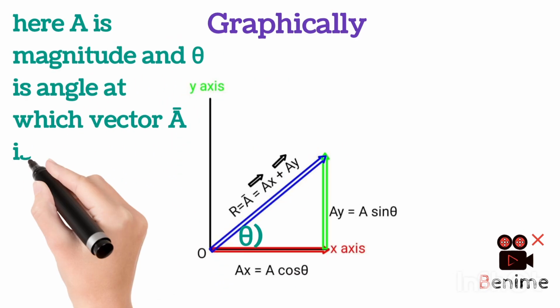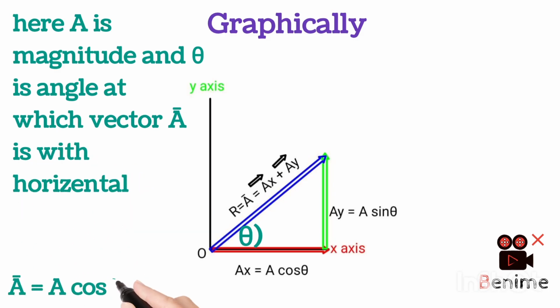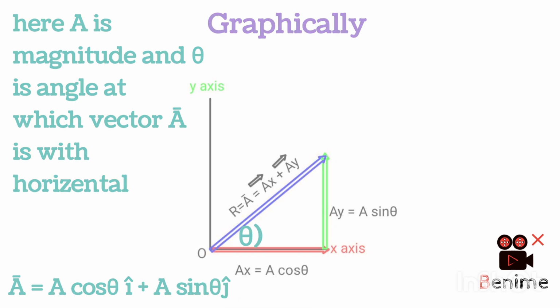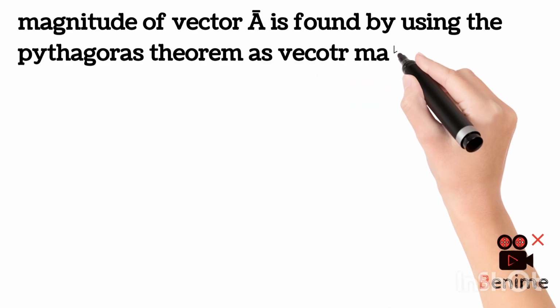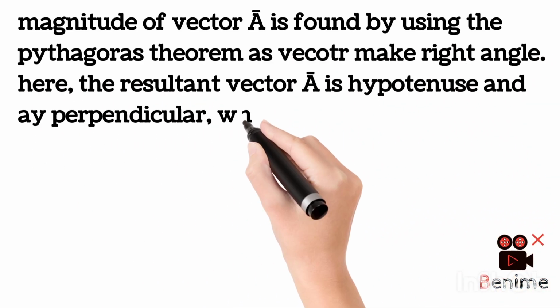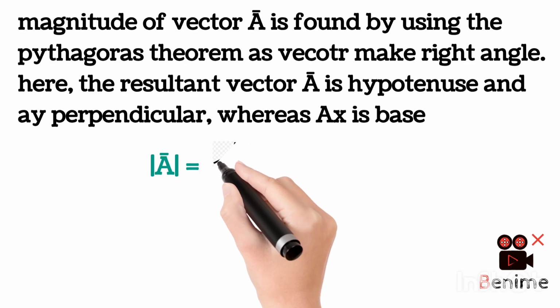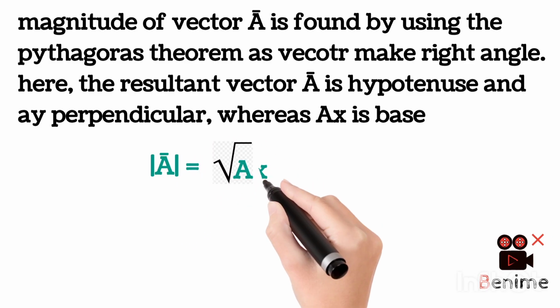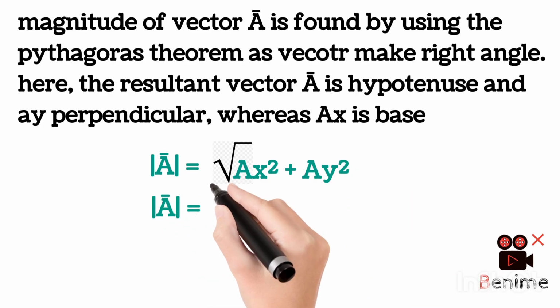The resultant vector R, which is equal to A, can be found by Pythagoras theorem, which gives magnitude of A equals square root of square of its x component plus square of its y component. Taking magnitude A squared as common, we are left with cos squared theta plus sin squared theta, which equals 1, then magnitude is only A.